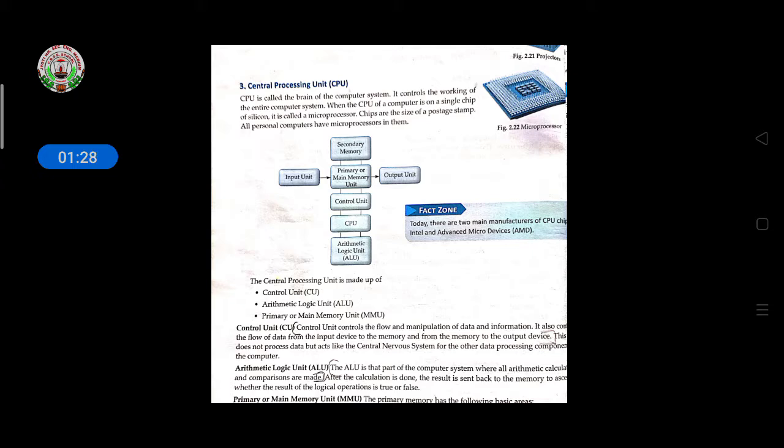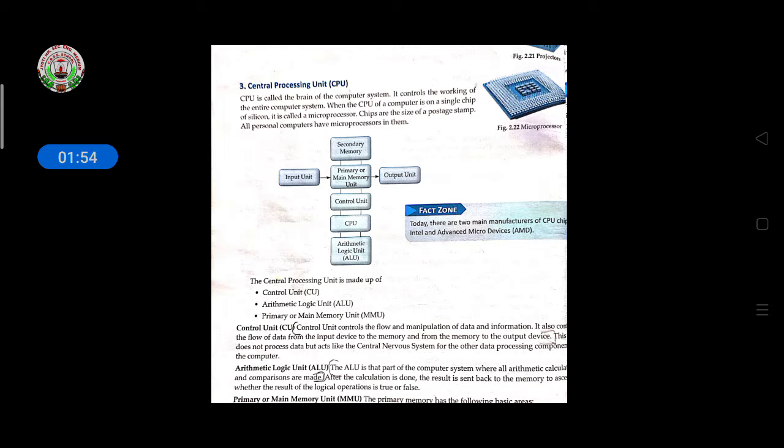So what is the use of this? First of all, the CPU is the brain of the computer. It controls all the working parts of the computer, which means it processes all the instructions given by the user. And when the CPU of a computer is on a single chip of silicon, it is called a microprocessor.